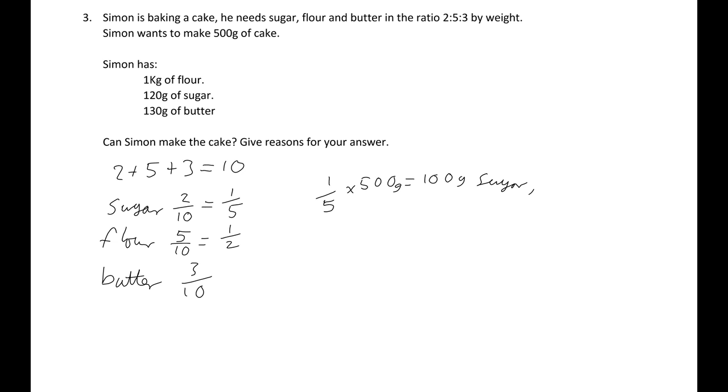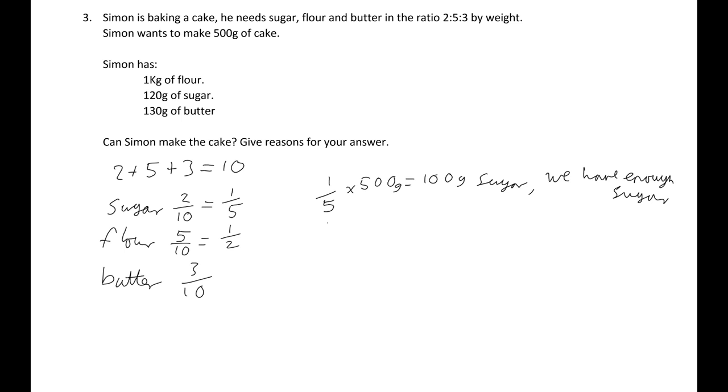Right, we have enough. Okay, that's nice for us to know, right? And we can see that we have enough because we have 120 grams of sugar and we only need 100 grams. Okay, so next step, flour.